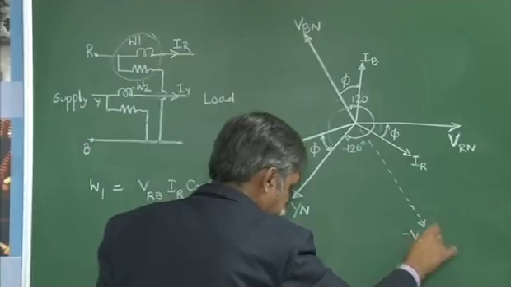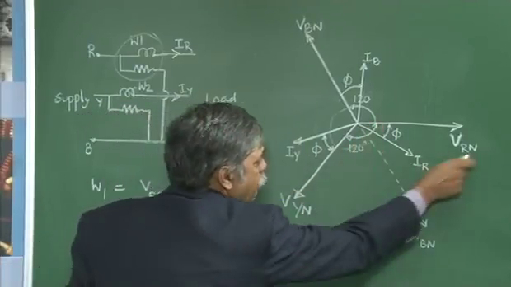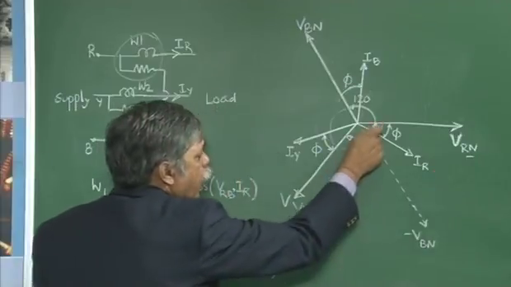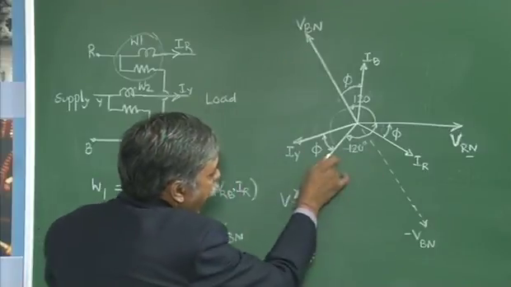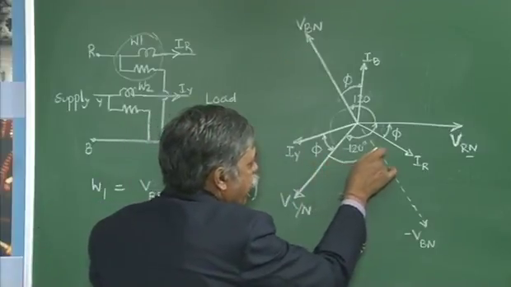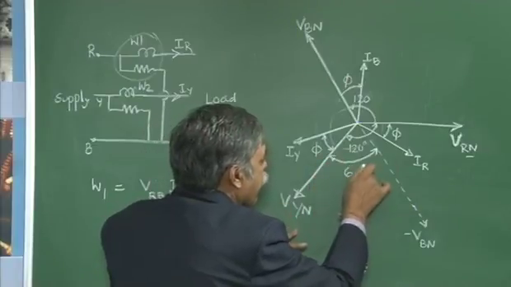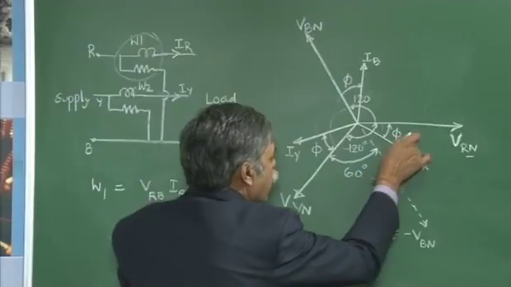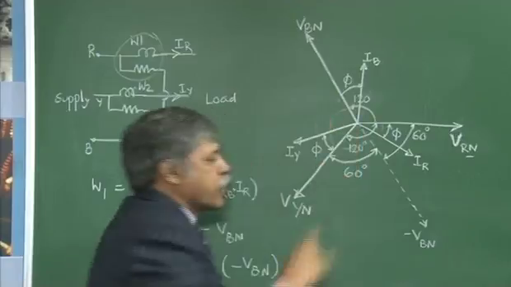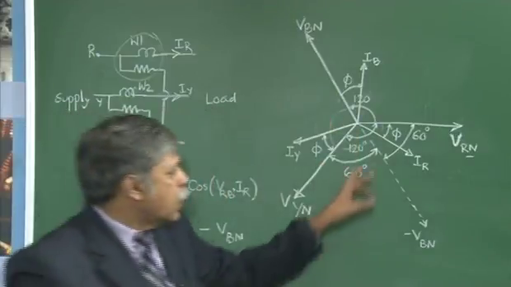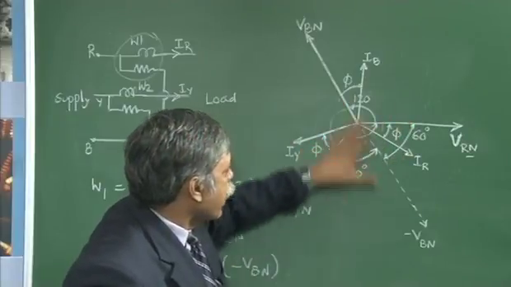Now see the angle you have between VRN and VBN is 120 degrees. When you project this in the reverse direction, the angle gets bisected. So this is 60 degrees, this also becomes 60, because this is 120 and all three phase voltages are symmetrical.